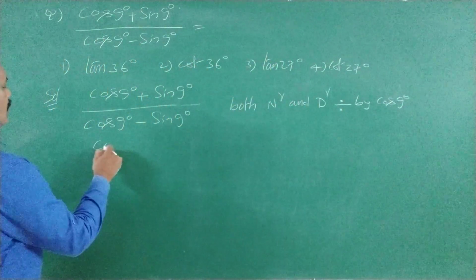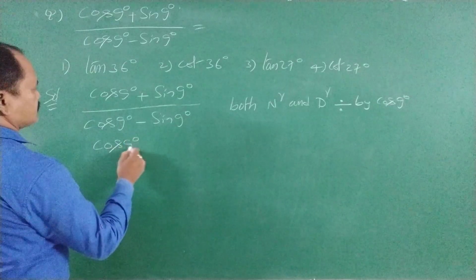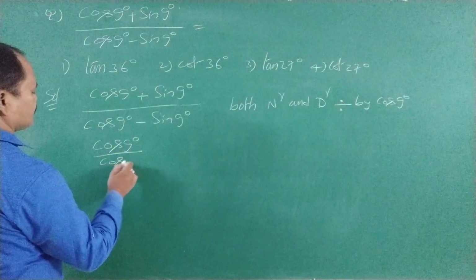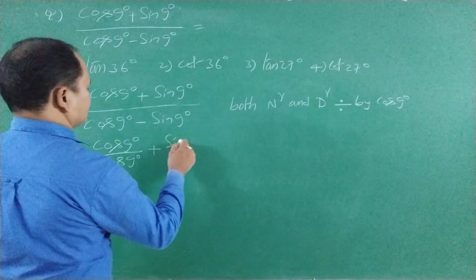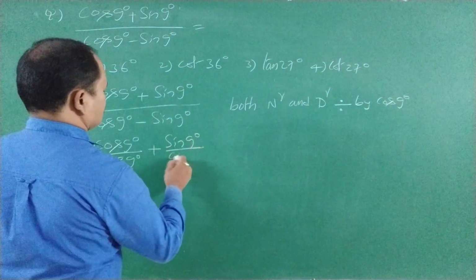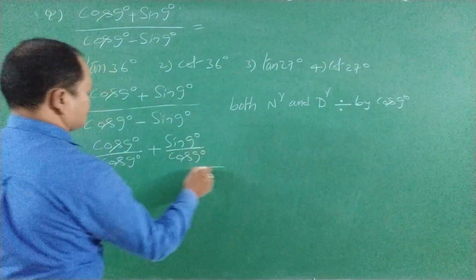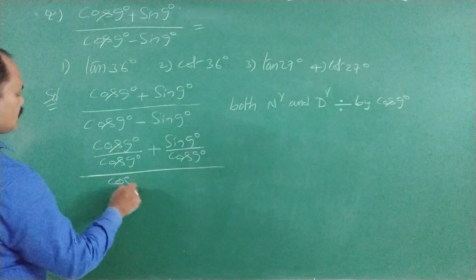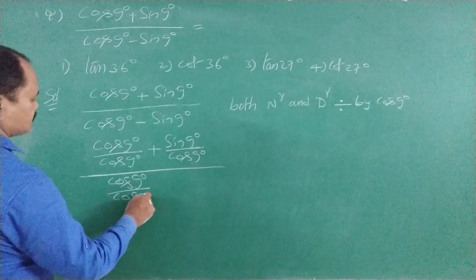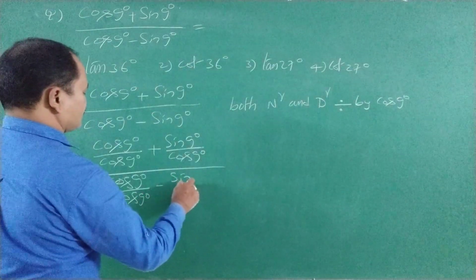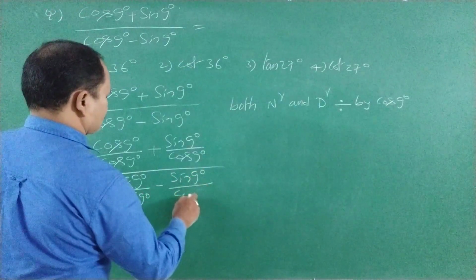Then cos 9 by cos 9 plus sin 9 by cos 9, whole by cos 9 by cos 9 minus sin 9 by cos 9.